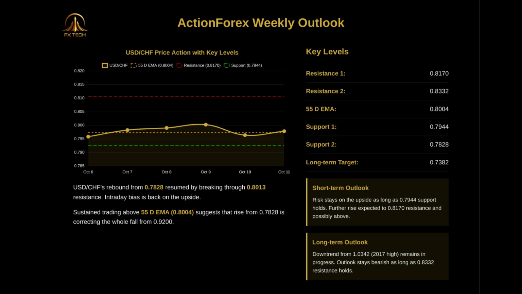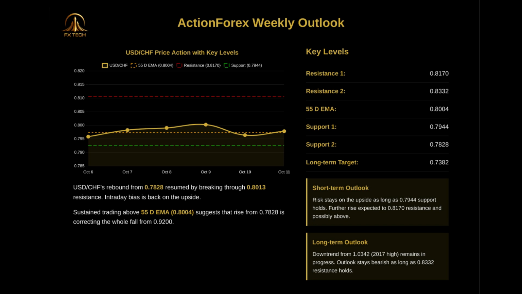Sustained trading above the 55-day exponential moving average at 0.8004 suggests that the rise from 0.7828 is correcting the entire fall from 0.9200. If this level continues to hold as support, the pair could target 0.8170 resistance and possibly beyond.